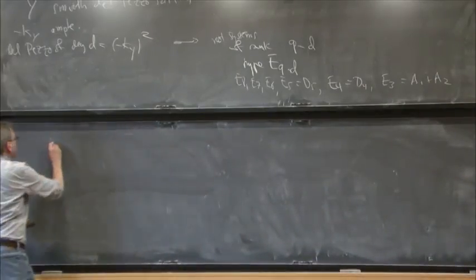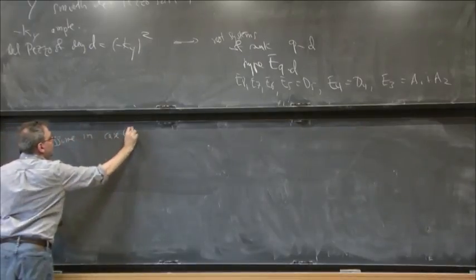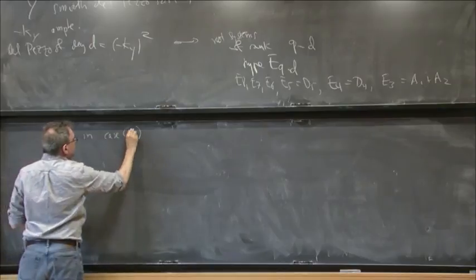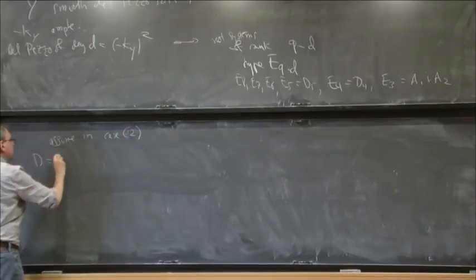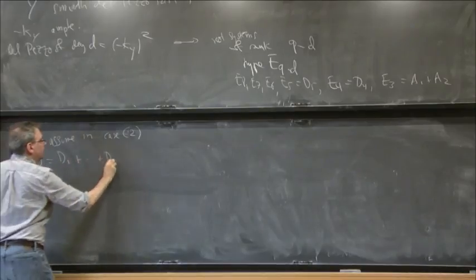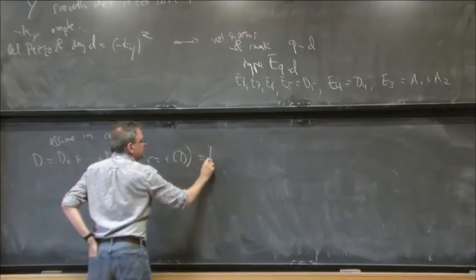Okay, so we assume we're in case 2. And in general, I'm going to let D equal D1 plus ... plus Dr. So r, if I have to give it a name, is the length.